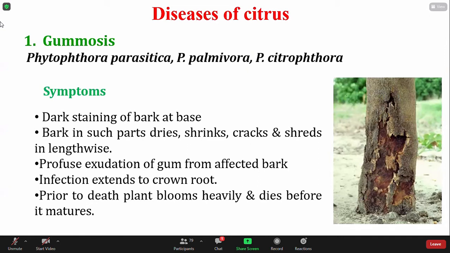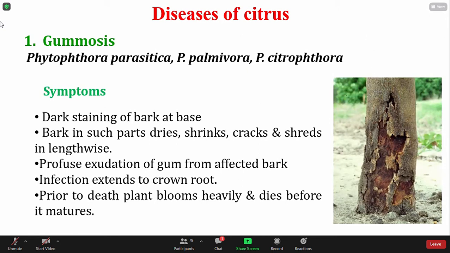People are silent. The symptoms are the dark staining of bark at the base. You can observe this picture while I'm telling you, right? The dark staining of bark can be observed at the base. The bark in such parts dries, cracks, and shreds lengthwise. You observe this, the lengthwise shredding.